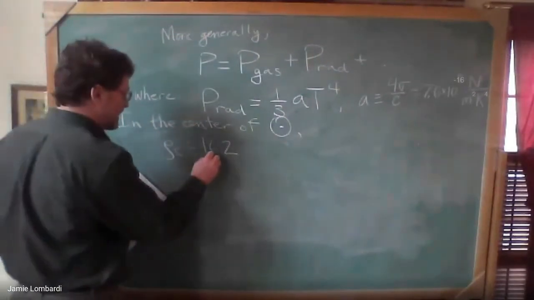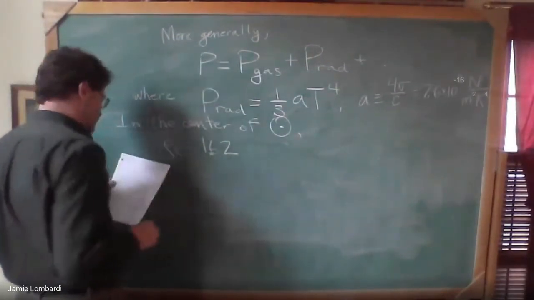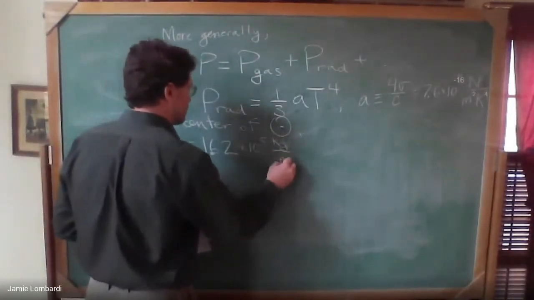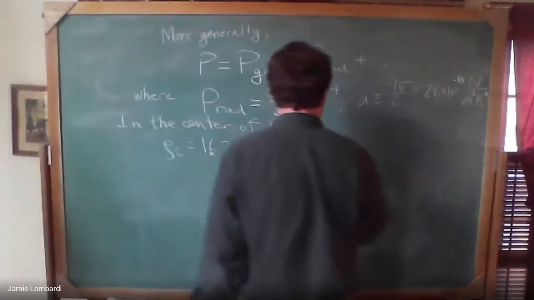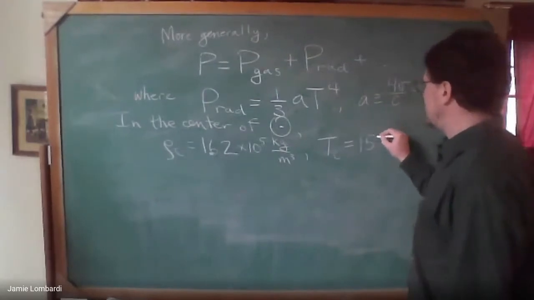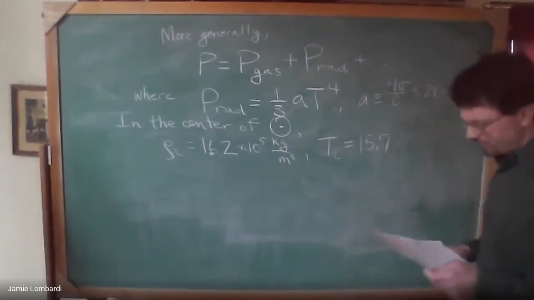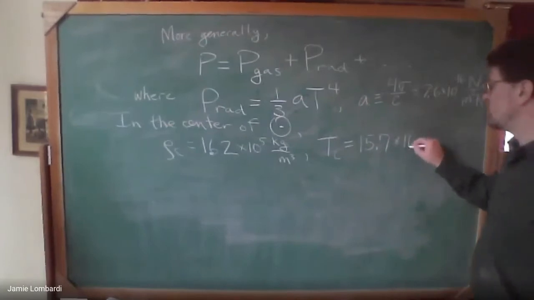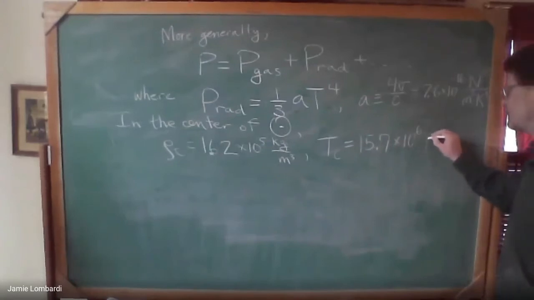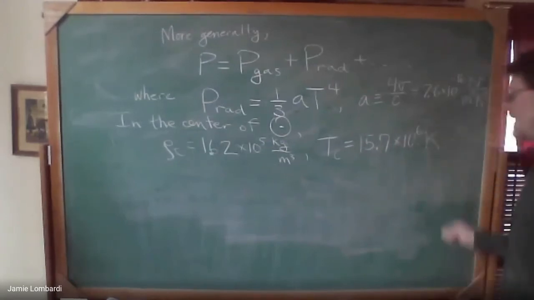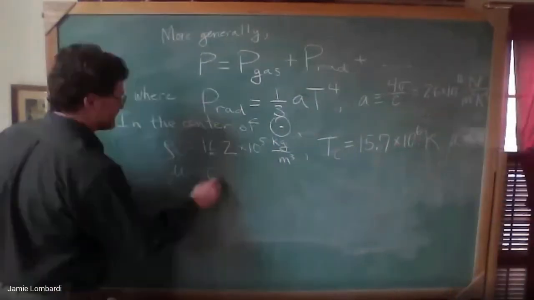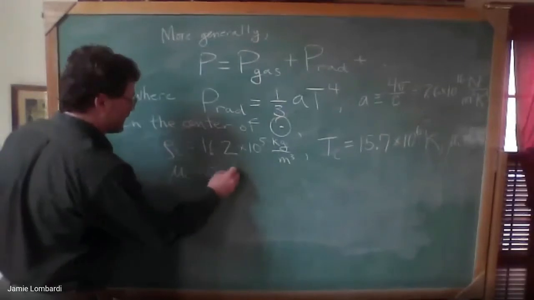So converting that to SI, that's 1.62 times 10 to the 5 kilogram per meter cubed. The central temperature of the sun is between 15 and 16 million Kelvin. So we'll say that it's 15.7 times 10 to the 6 Kelvin. And the mean molecular weight in the center of the sun, you see, is 0.85.